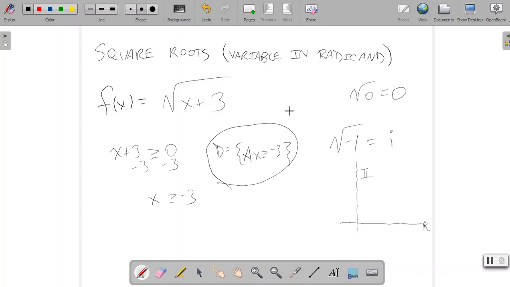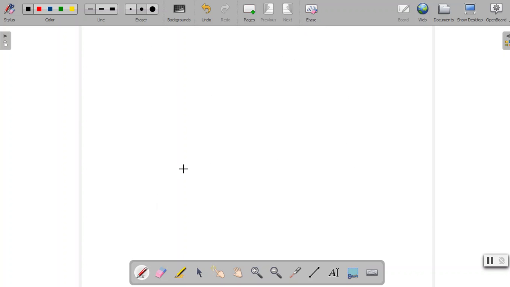So let's do another one like that. Let's do something more interesting. f(x) equals, I don't know, the square root of 7x plus 5. So I take my radicand, 7x plus 5, and I set it greater than or equal to 0.